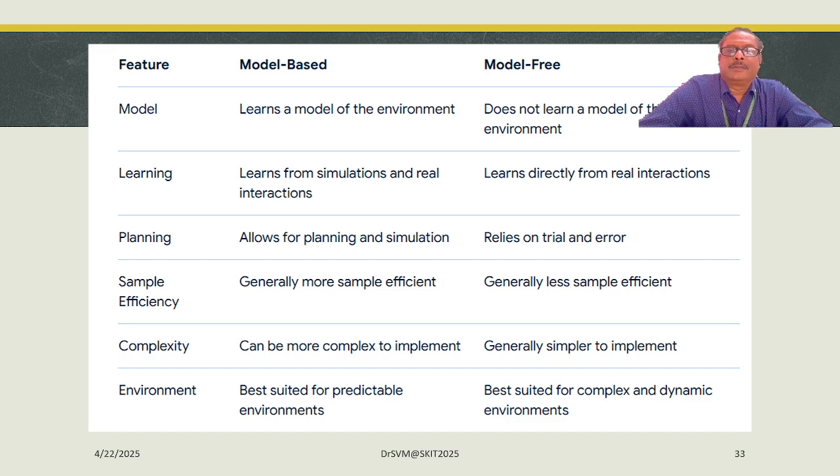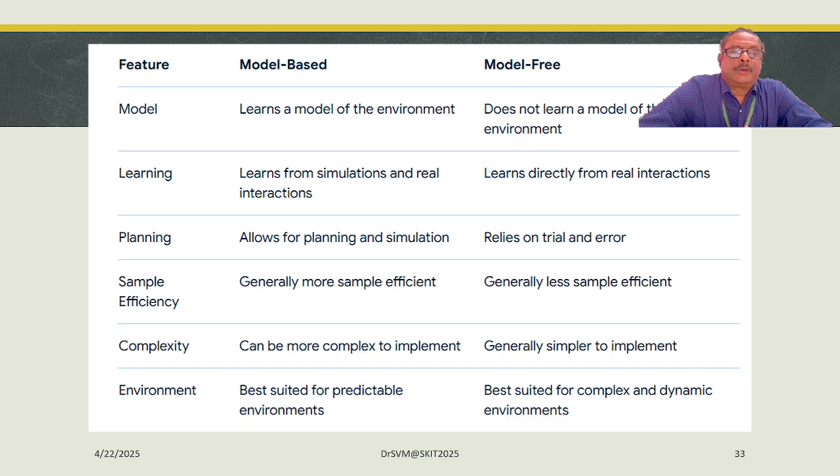It is not guaranteed, because everything is on a trial basis, and we don't have any mathematical model for the environment, and hence there is no prediction possible through simulation. In terms of sample efficiency, it is more sample efficient in case of model-based, but model-free requires a large number of samples to understand the actual nature of the environment.